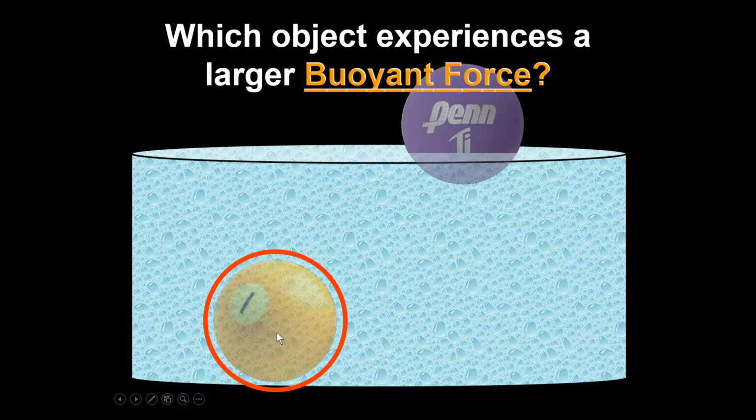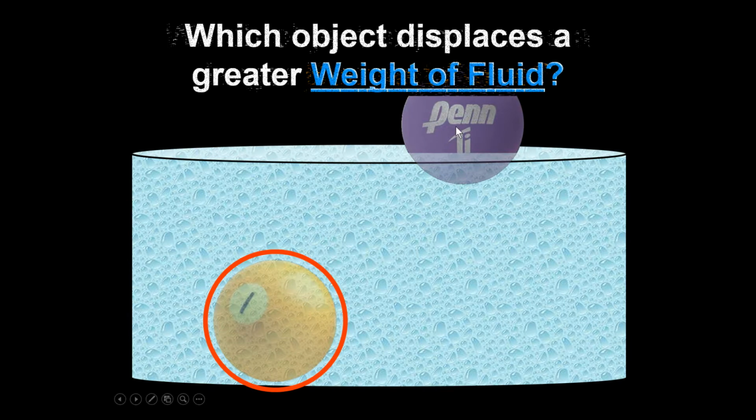And you might be surprised at that. But if you answer this question, you might be tempted to say, well, that one was pushed to the top. This one didn't have as big of a push to the top, so it fell down. Well, that's only part of the story. If we ask which one displaces a greater weight of fluid, that is an easier question to answer, because this one displaces everything from there under here.